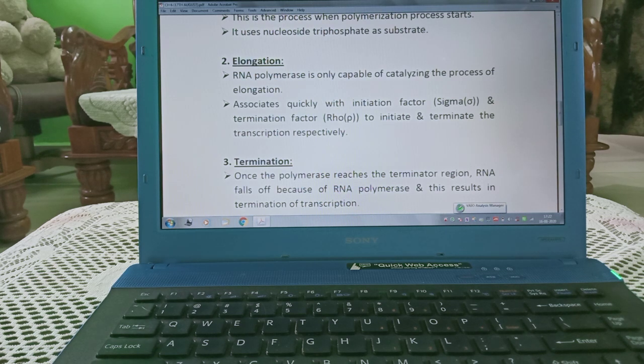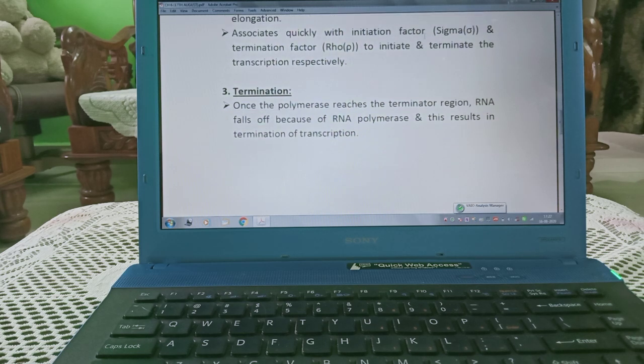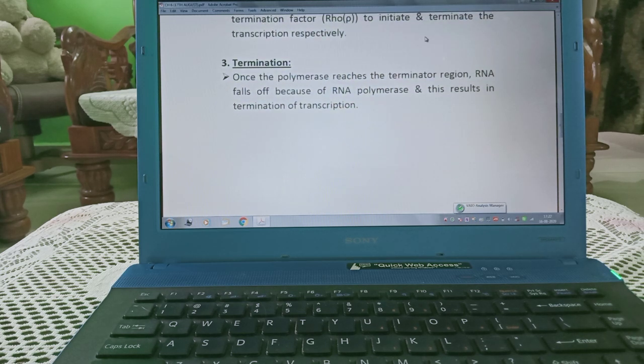It associates quickly with the initiation factor, that is the sigma factor, and the termination factor, that is known as the rho factor, to initiate and terminate the transcription respectively. Termination: once the polymerase reaches the terminator region, RNA falls off from RNA polymerase, and this results in termination of transcription.